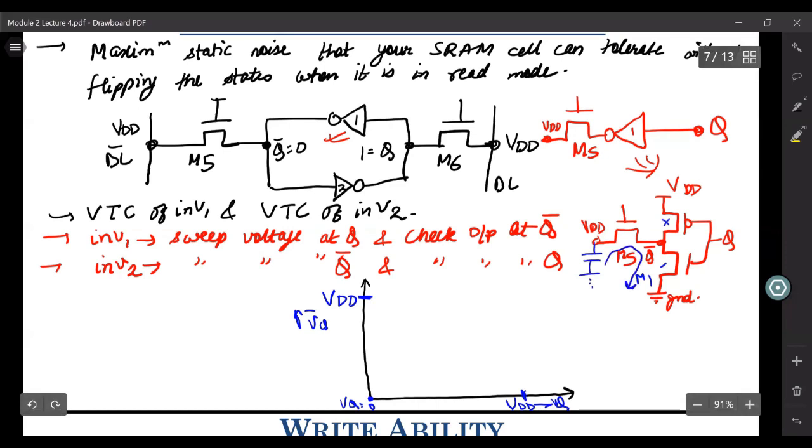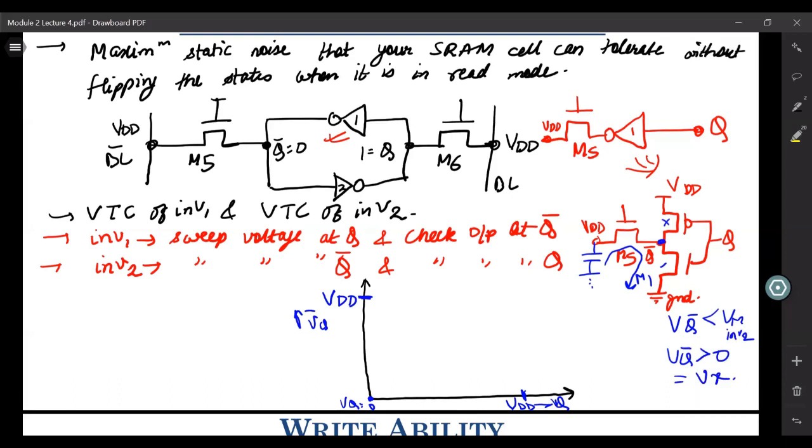And because of this, Q bar is actually fixed at some voltage, which is pretty less than VM of inverter 2, but it is greater than 0, and let's call this voltage Vx, right? So basically, this starts behaving like a resistor divider circuit. You have VDD applied to resistance of M5 and M1 in series. So the voltage at the intermediate node, because of this resistance divider configuration, we are calling Vx.